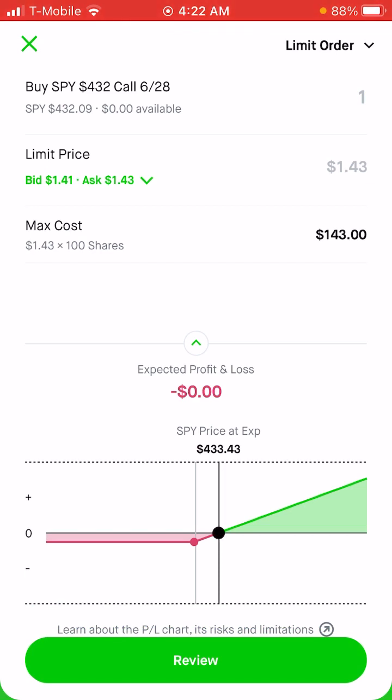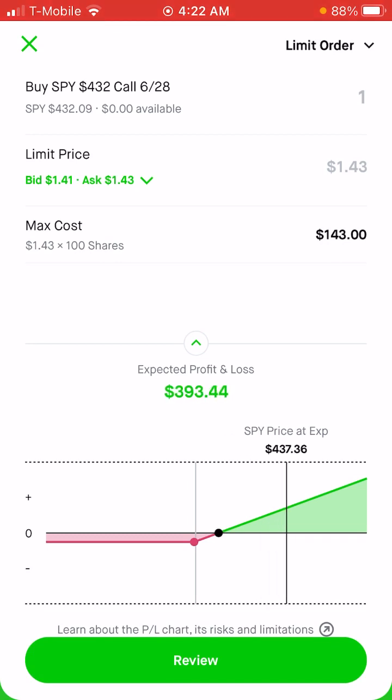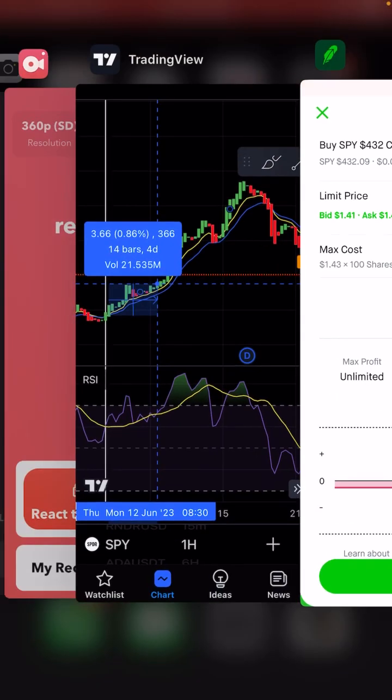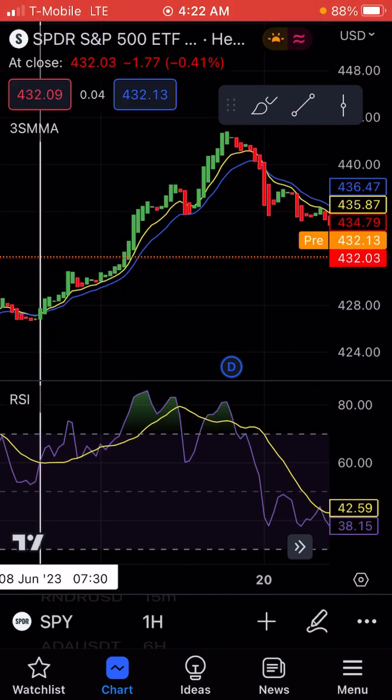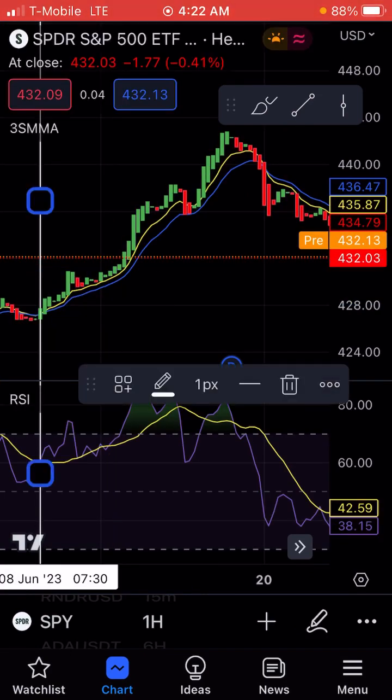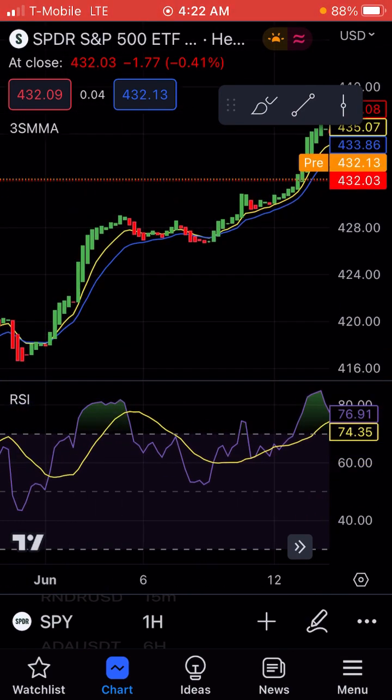Let's just make this 437. So that is a $358 move in 4 days. Let's just do this one more time with SPY, and then I'll choose another stock.